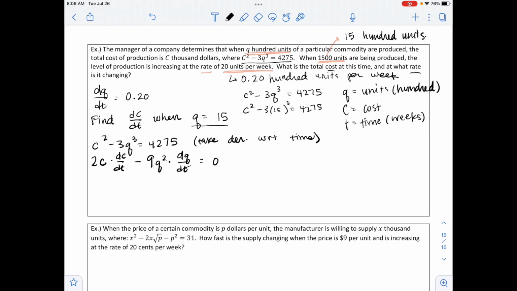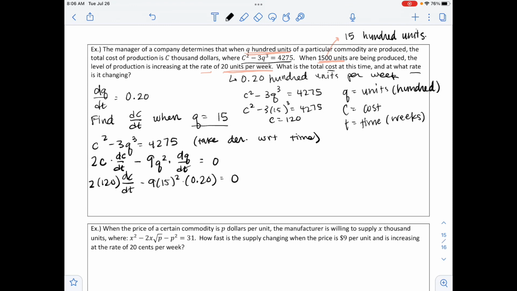Solving this for C, and remember C is cost, so it cannot be negative here, we get 120. So I'm going to substitute in 120 for C, 15 for Q, and dC/dt is what we do not know. And our dQ/dt is equal to 0.20.